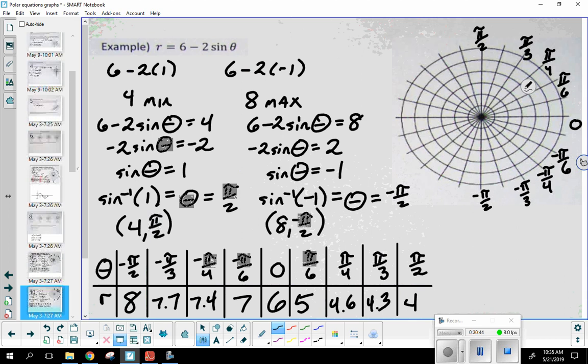That'll make it easier. So negative pi over 2, 8. There you go. So 7 would be halfway. So I'd say about 3/4 of that would be 7.7. Okay. Negative pi over 4, 7.4.